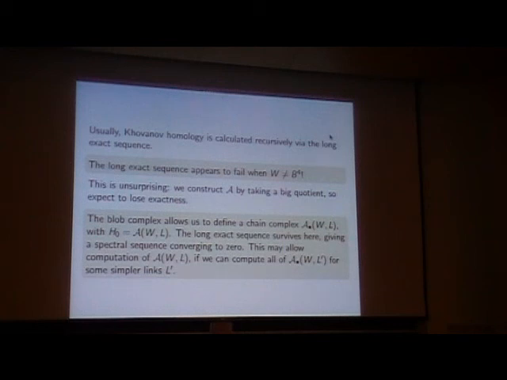A while back, I thought you were telling us that the long exact sequence of these 2 integer coefficients failed even in these 2, and that's the reason you need to use 2 coefficients. Yeah, so we can't show that.